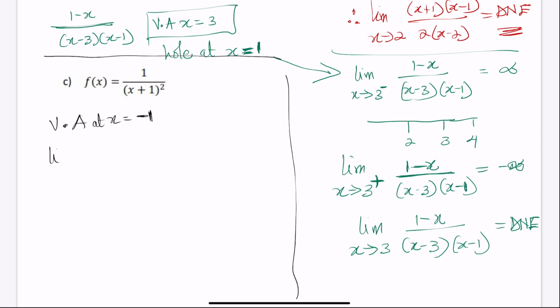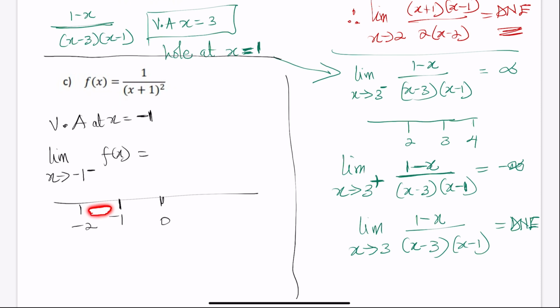So now let's find the limit as x approaches -1 from the left of our f of x. And again, if we go back to our number line, we have here -1, -2, we have here 0. So to the left of -1, we are considering a number here.